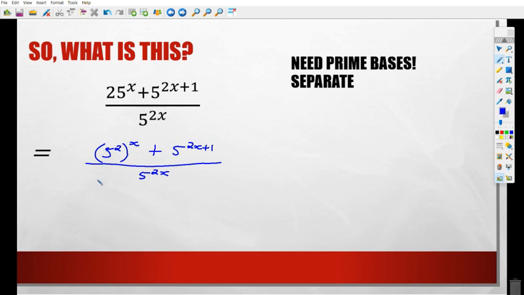Nothing too difficult. Let's just simplify this bracket over here. So here we've got 5 to the power of 2x, x times 2. Before we deal with this, I want to show you something quickly. If I go to a blank space and I say I want you to do this for me, x times x, what does that give you?